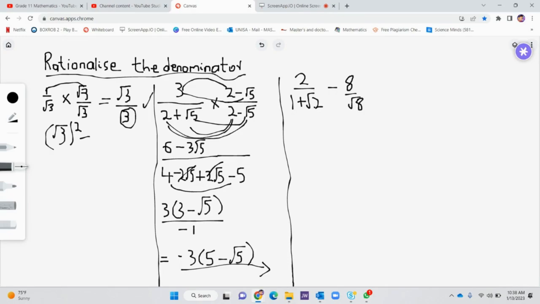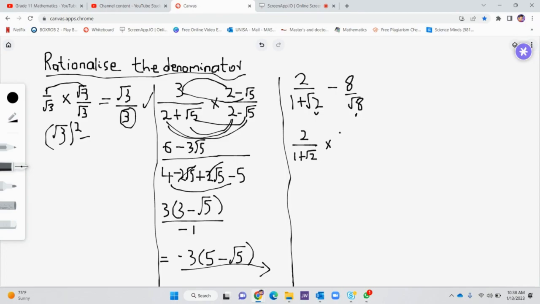And then the last one, we have two fractions and both of them have a surd. There's root 2 and root 8. So we need to get rid of that as well. With this one, the first fraction, we have 2 over 1 plus root 2. We have to rationalize that denominator by multiplying by 1.